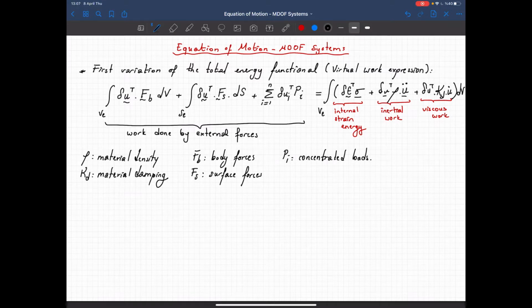Okay. Now we can write this energy equation for the whole system or for a single element, right?